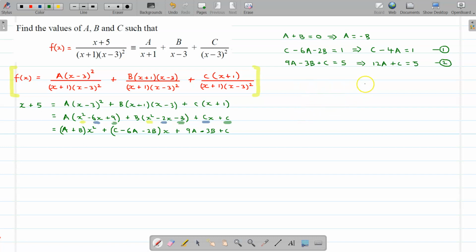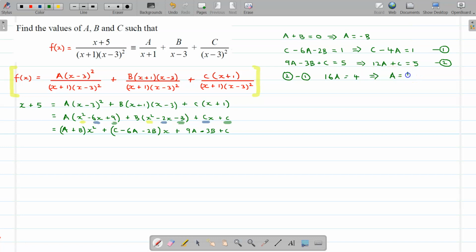So if I subtract equation 1 from equation 2, it would eliminate the c and tell me what a is. So c take away c is 0, 12a take away minus 4a is 16a, and 16a equals 5 minus 1, which is 4, which implies that a is a quarter.